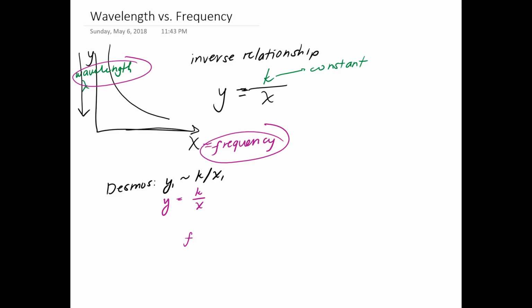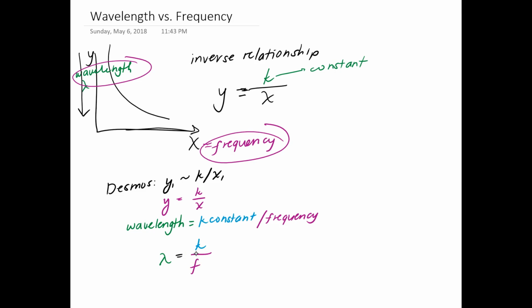Or if we want to write it out, wavelength is equal to, let me use blue, k constant over our x, which is frequency. So when we rewrite it just with the symbols, we have wavelength is equal to our constant over frequency.